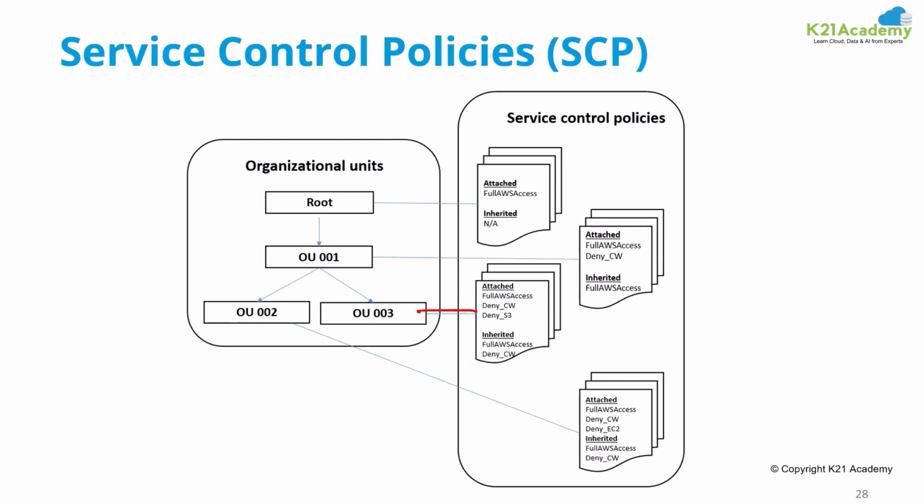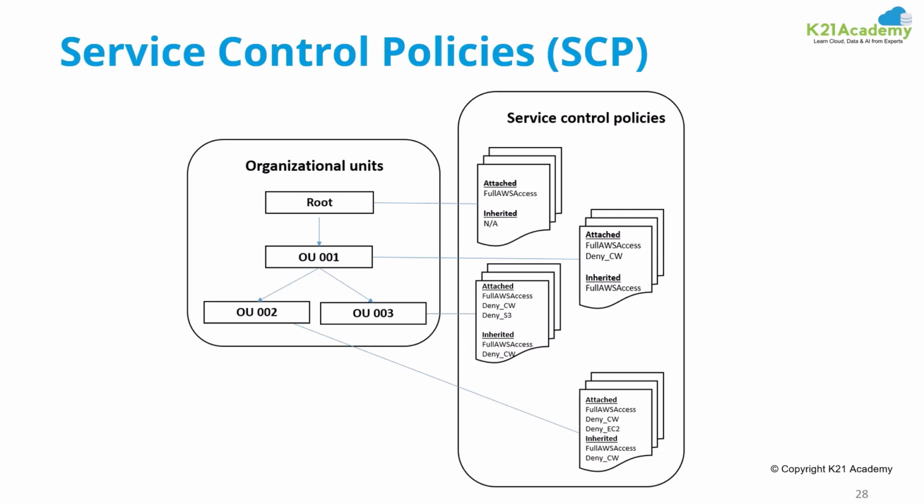That's how it is. So simply, where you are using SCPs, attached and inherited, SCPs do not grant permissions. They only limit what IAM can allow. So if it denies a service, IAM cannot override it.